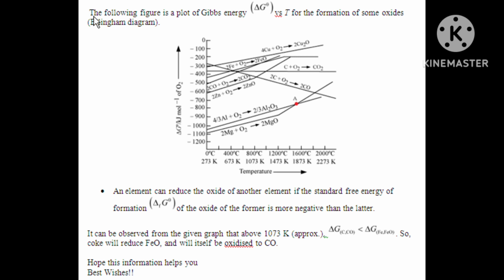Why is reduction of a metal oxide easier if the metal formed is in liquid state at the temperature of reduction? Again I am reading the question. Why is the reduction of a metal oxide easier if the metal formed is in liquid state at the temperature of reduction?